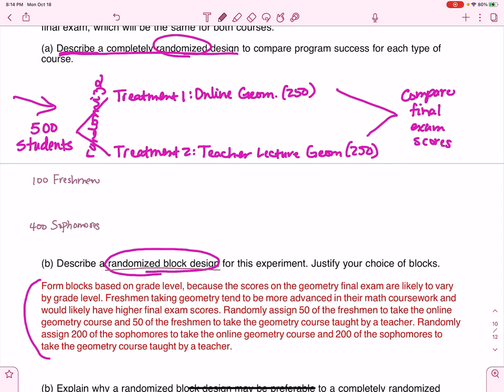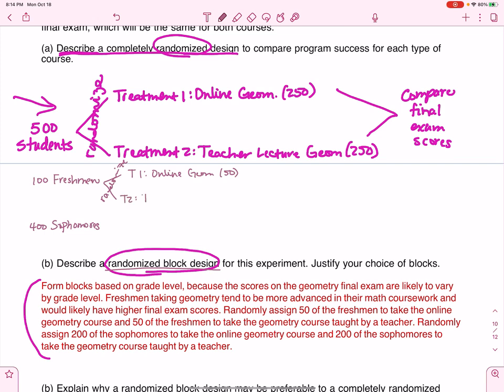I believe that freshmen and sophomores may respond differently to the two types of learning. So I am going to randomly place them, so you randomize across here, in treatment 1, which would be the online, and I'm going to put half of them here.